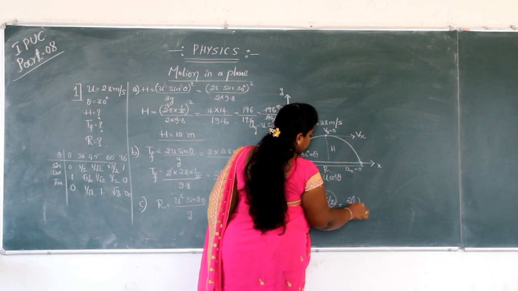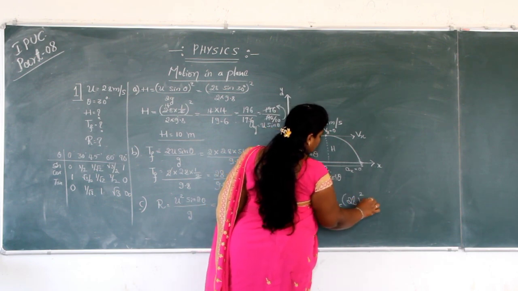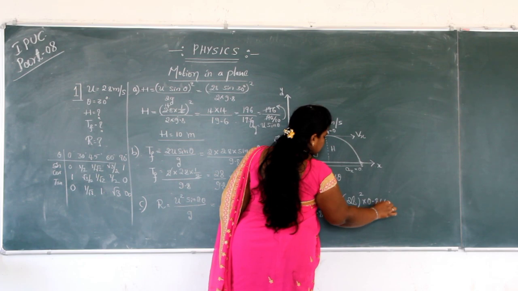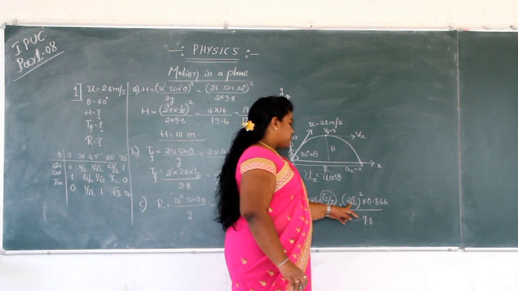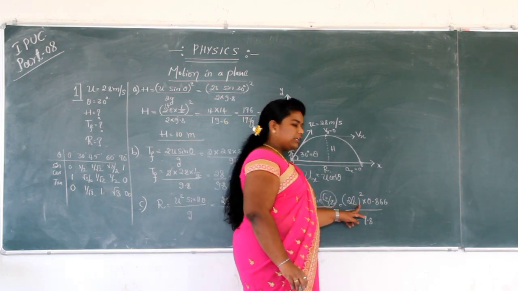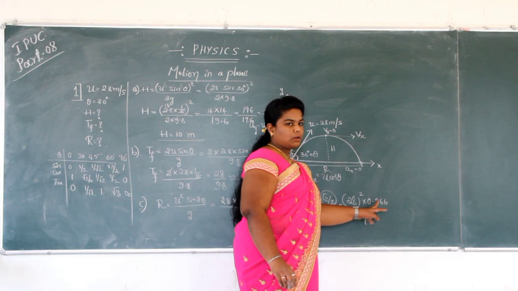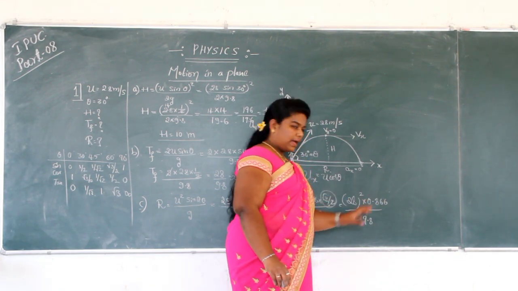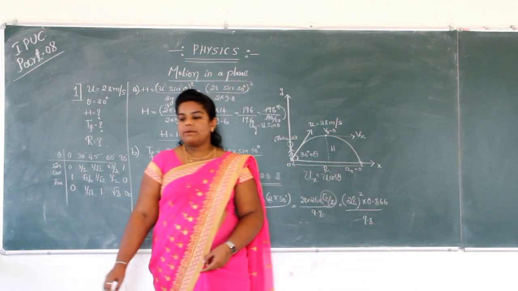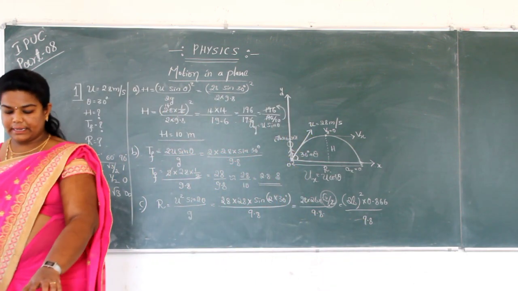So 28 square into 0.866 divided by 9.8. Now take your calculator. So multiply 28 into 28 into 0.866 equals. So you will get one value. So adana ಏನು ಮಾಡಿ divided by 9.8 ಅಂತ ಮಾಡಿ.